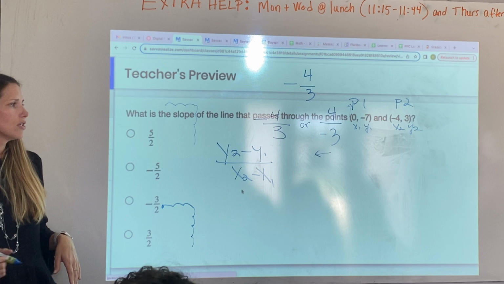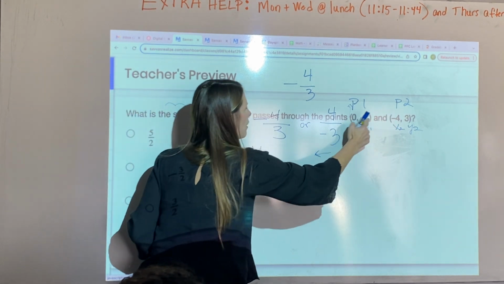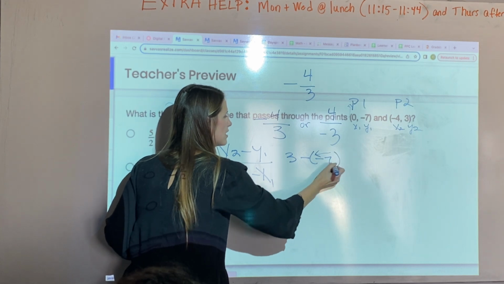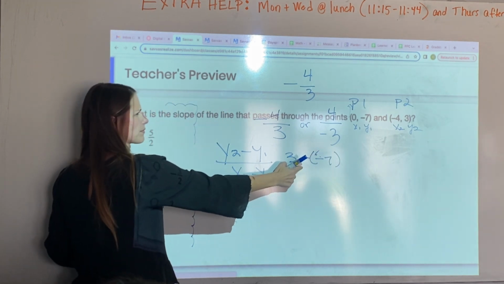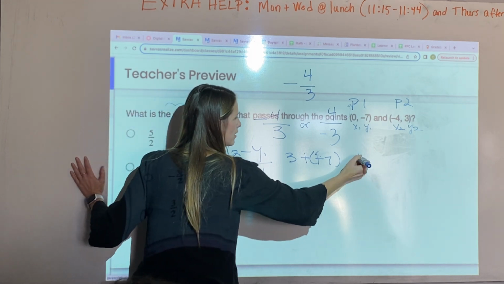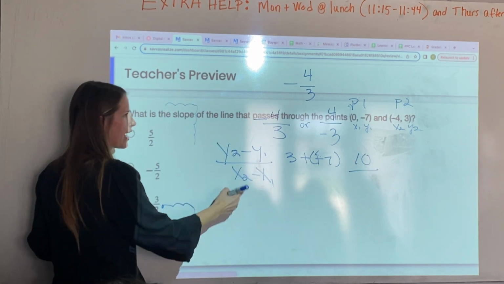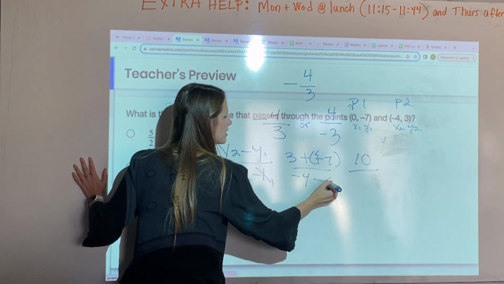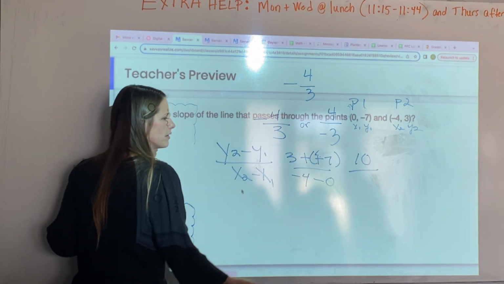So we've got 3 minus -7. Uh-oh, what do we do? Kill the cockroach, change the sign. What do we get? 10. And then our x's, we have -4 minus 0. What do we get? -4.